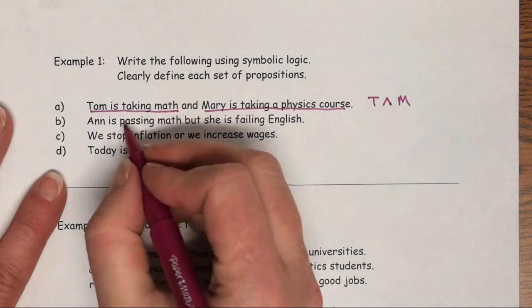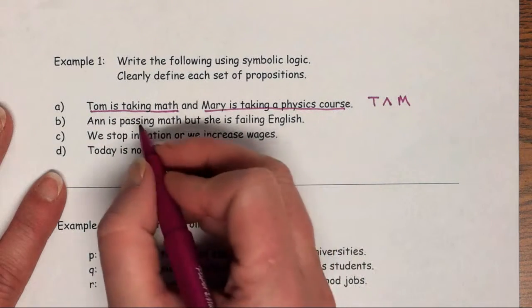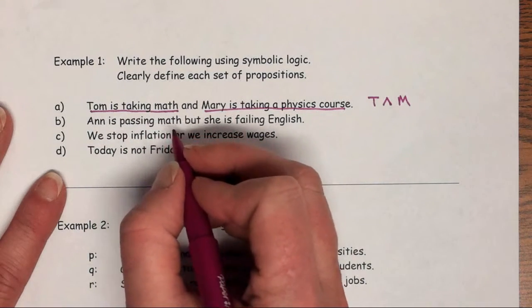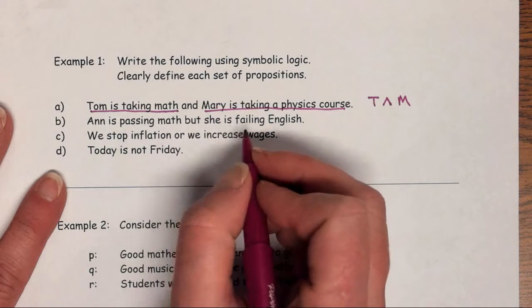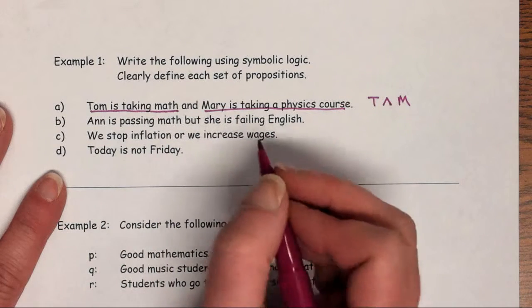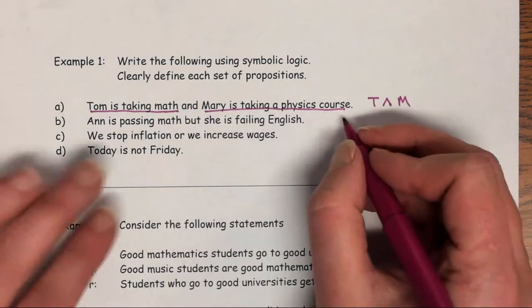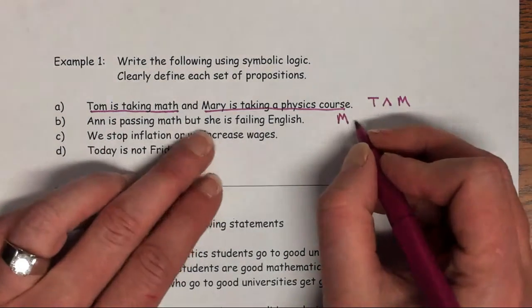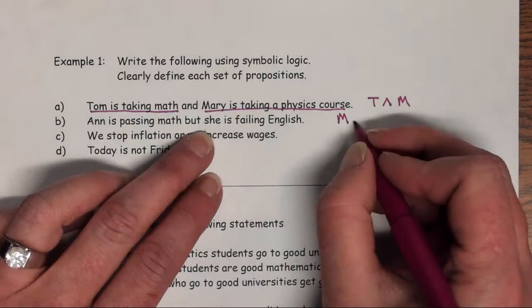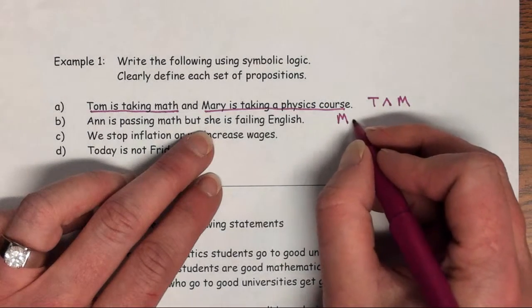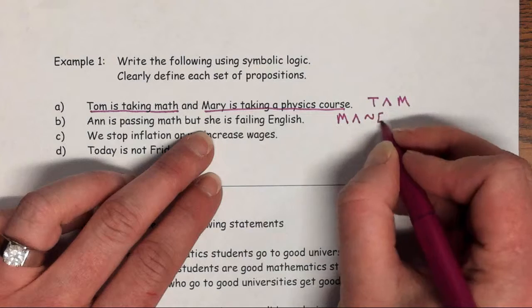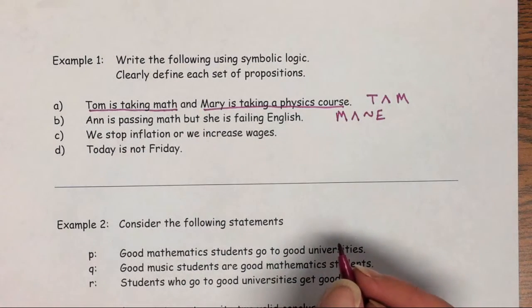Well, if you do that, Anne is passing math would be an M. What if we said that E was her passing English? So that would be M, but not English, or and not English, because she's not passing English.